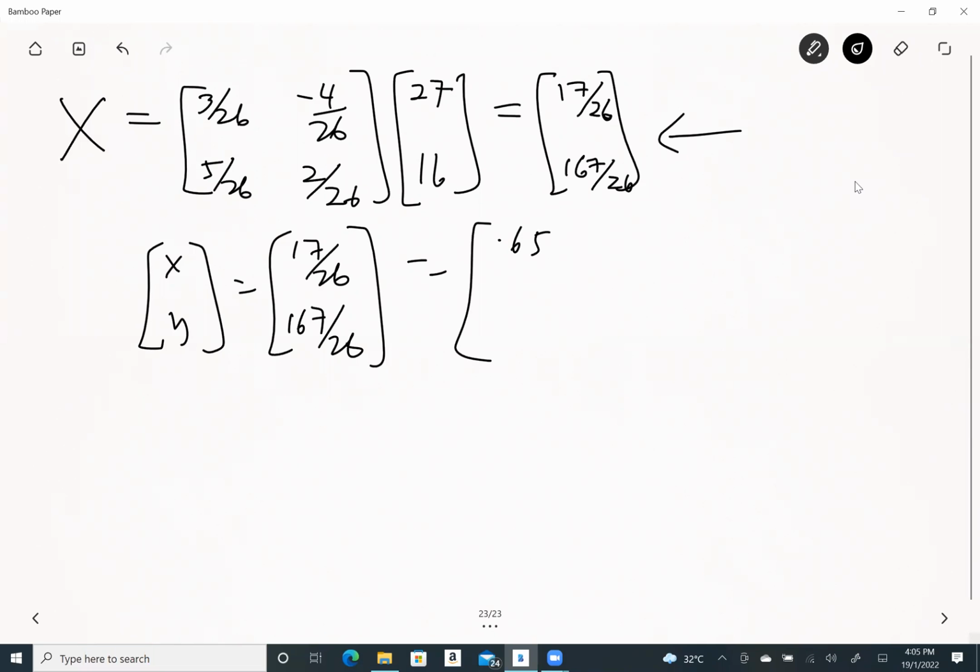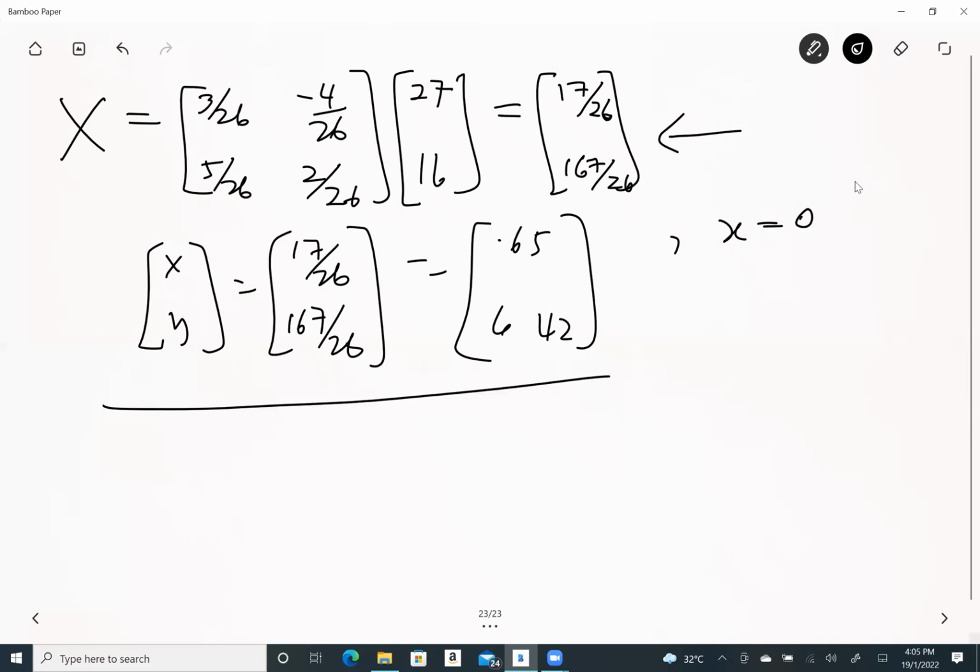And then you have 167. Now that I have my calculator, I can calculate: 6.42. So that is our solution. So x is equal to 0.65, y is equal to 6.42. That is our answer.